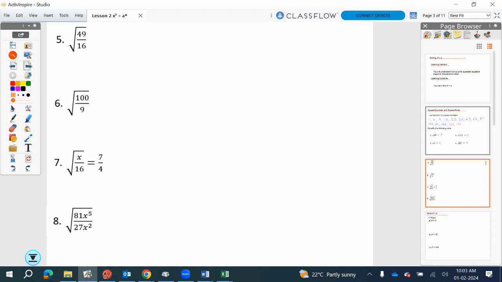Did we do the other one? X is 1. It's X going to be 3. X, which is 3x.